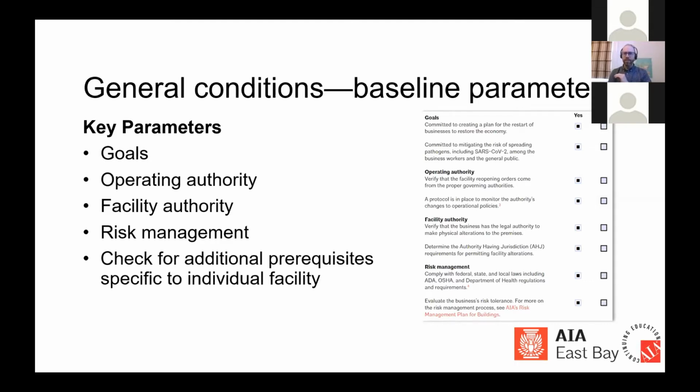The below goals, operating authority, facility authority, and risk management categories are set forth as a baseline, and the facility under evaluation may have additional prerequisites that are unique to it.